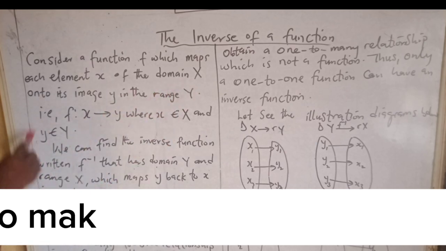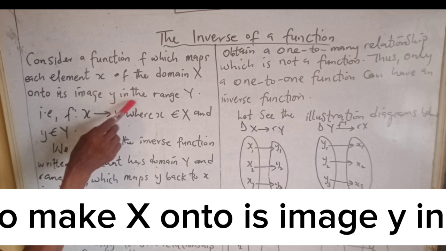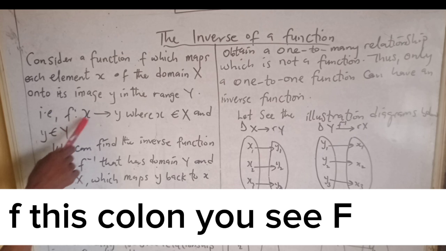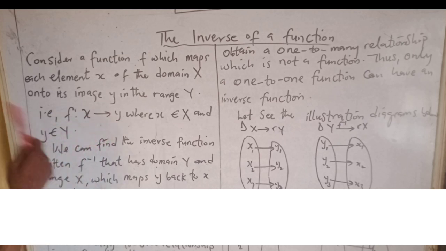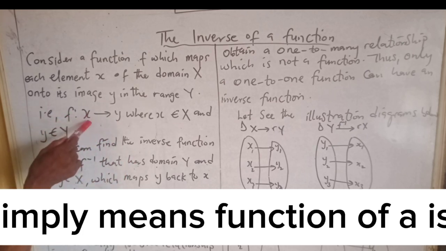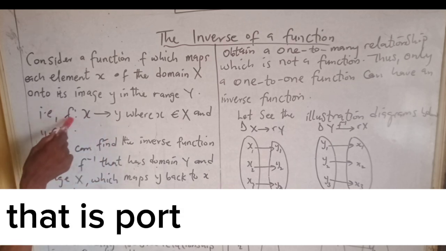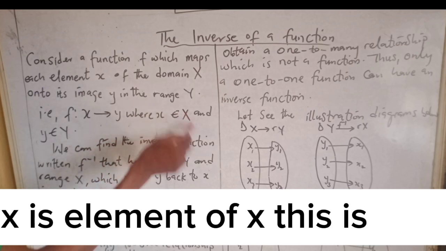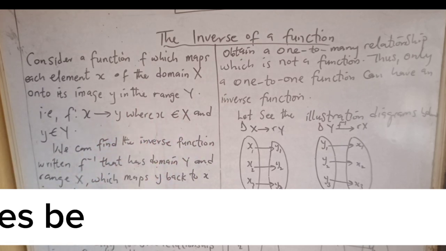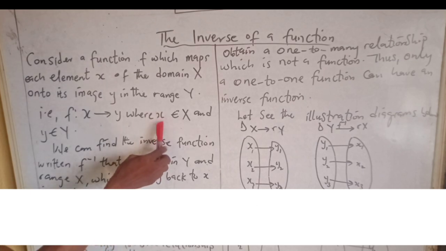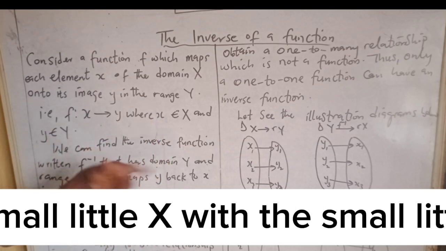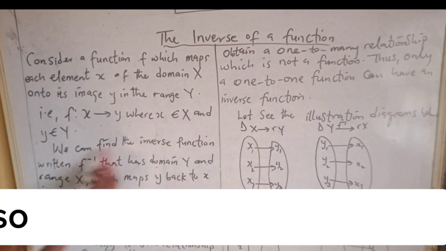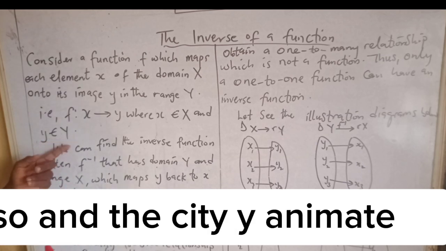So we have domain X onto its image y in the range Y. That is f: X → Y, which simply means f(x) = y, where x is an element of X. This is a capital X and this is the other one, the small letter x. So the small letter x is an element of the capital letter X, and the same thing for y, an element of Y.